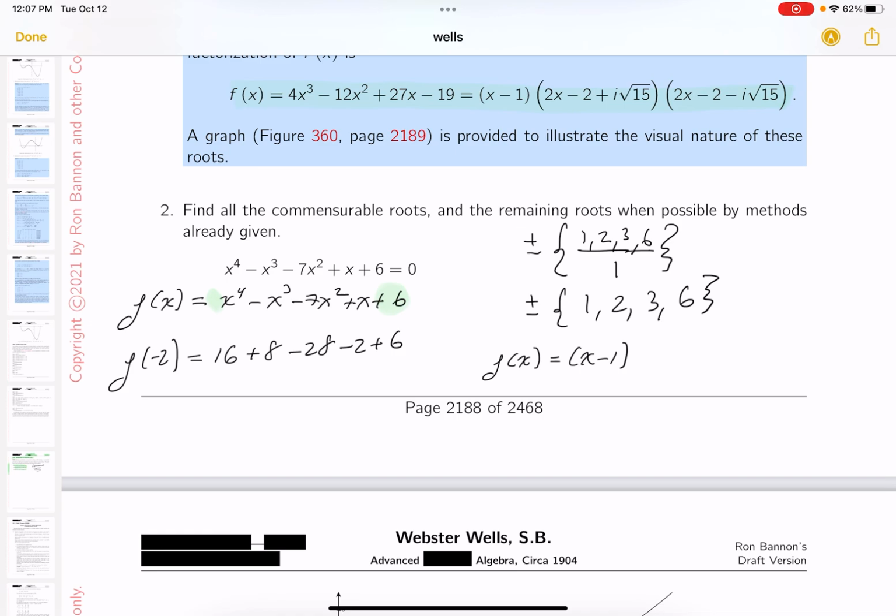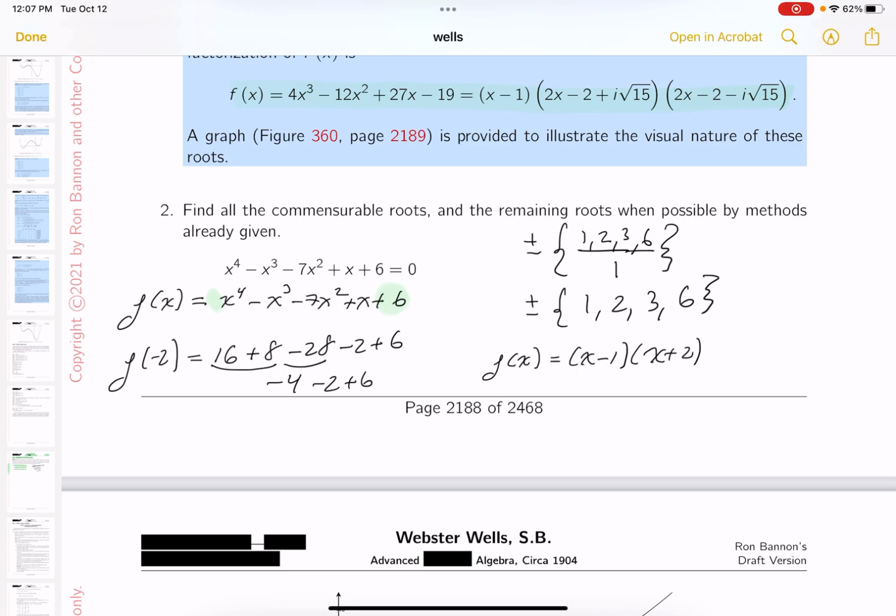Well, let's see. 16 and 8 is 24, right? And 24 minus 28 is minus 4. And then I have minus 2 plus 6. Wow, that worked out beautifully. So I have another factor. What's that other factor going to be? x plus 2.